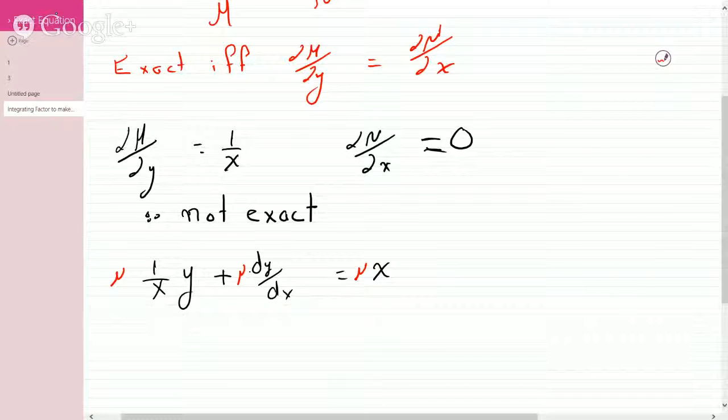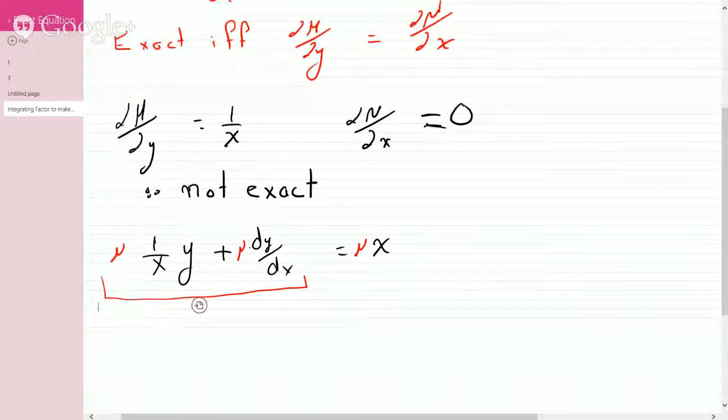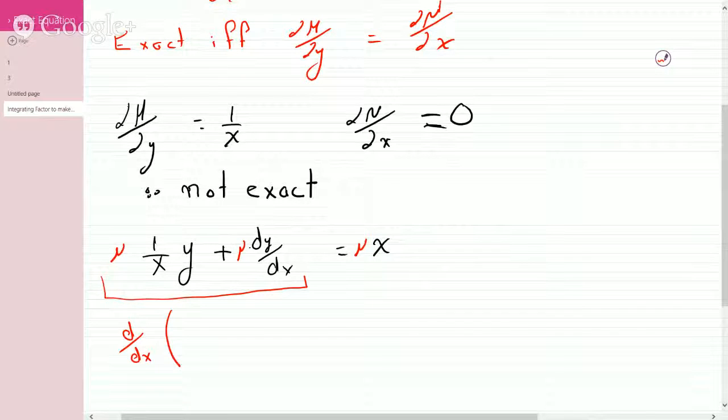This is the trick, where you can say, well, this is the derivative with respect to x of y times your integrating factor, which is mu, such that if you do the product rule on this, you would get the first one.